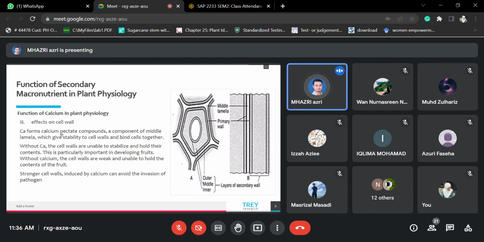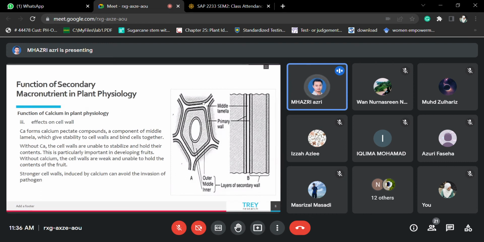This calcium pectate will be filled in the area between adjacent cells. In plant cells, we have two adjacent cells, and this area we call the middle lamella. So the plant will synthesize calcium pectate, and this compound will be filled in the middle lamella. So calcium pectate will serve like a glue. It will attach the adjacent cells together.